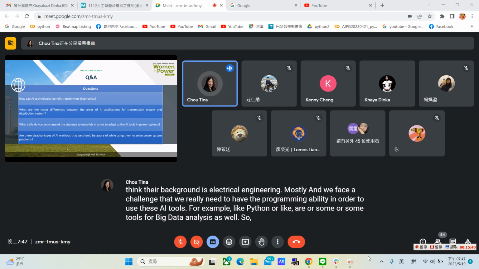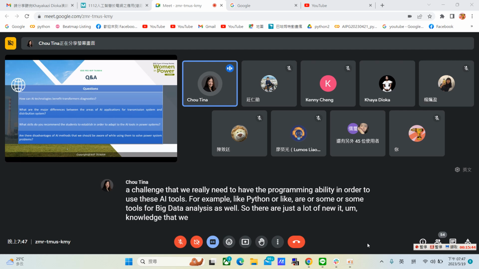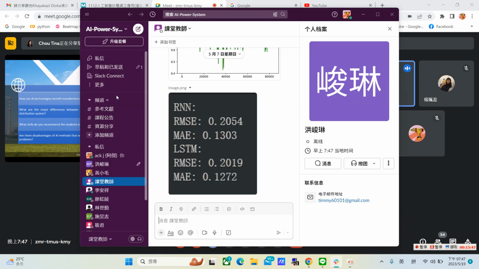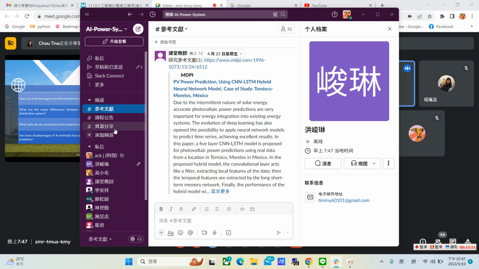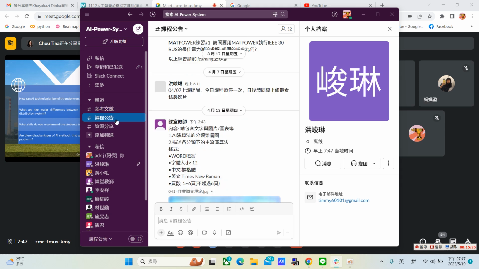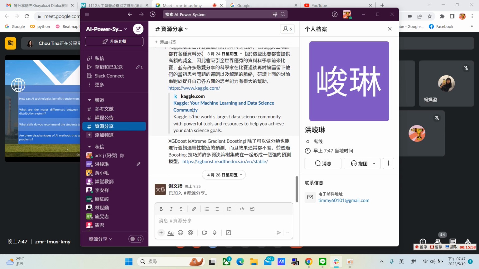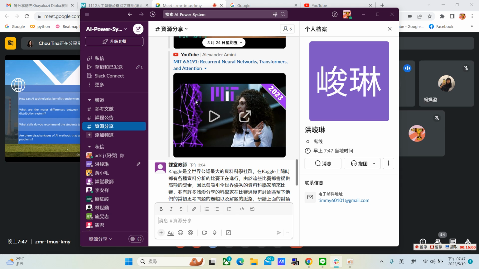There is just a lot of new IT knowledge that we need to build up. Definitely, I agree. I also need more of that from my side. That means we need to keep learning and learning and learning. Yes, continuously.